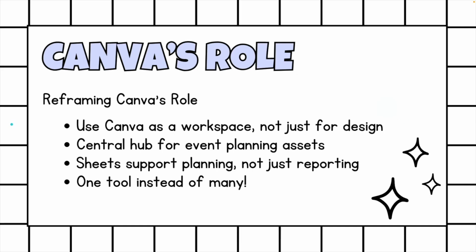But we're going to reframe Canva's role, and by using these Canva Sheets and these templates, we're going to be using Canva as a central hub for all of your event assets. So you can replace several different tools with just one, streamline your entire operation, which was the original intent of this series of classes, right? And Canva Sheets, you will find out, will be replacing Excel and many other Excel-like programs out there.